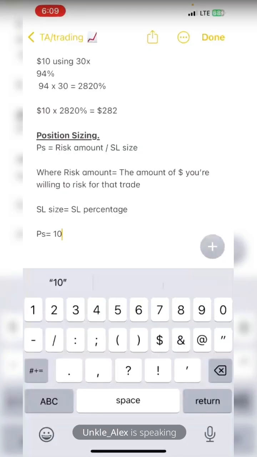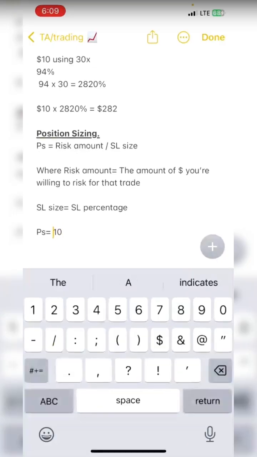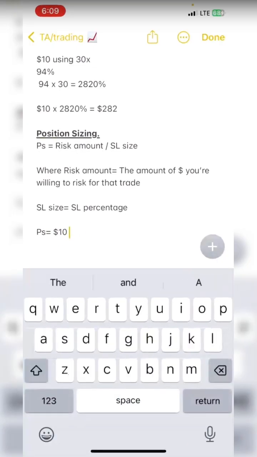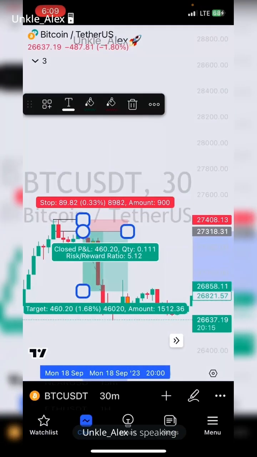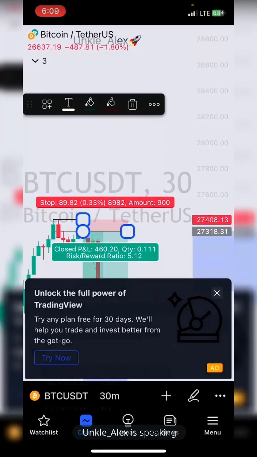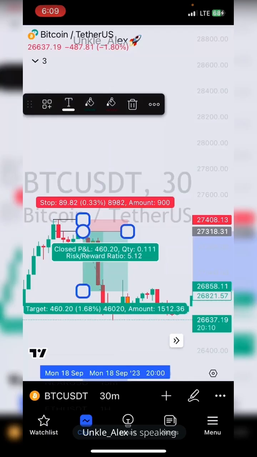Now this is $10 divided by the SL percentage. How do you get your SL percentage? As a technical analyst, it is right here. Let me mark it out for you.